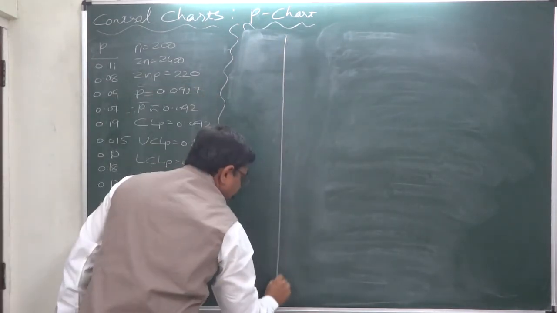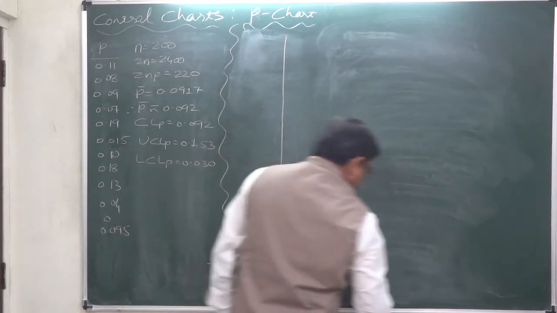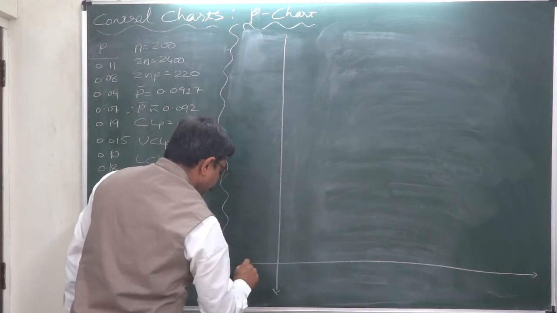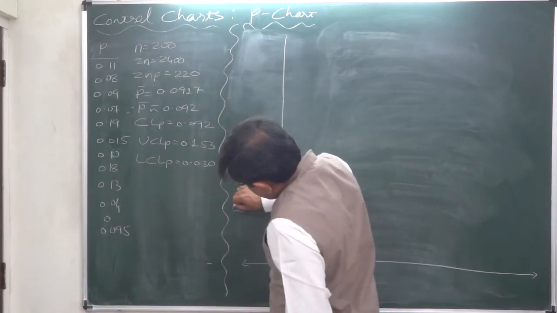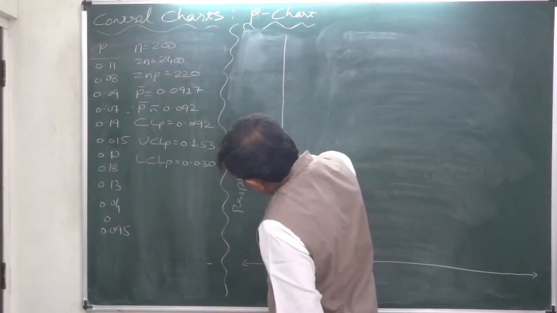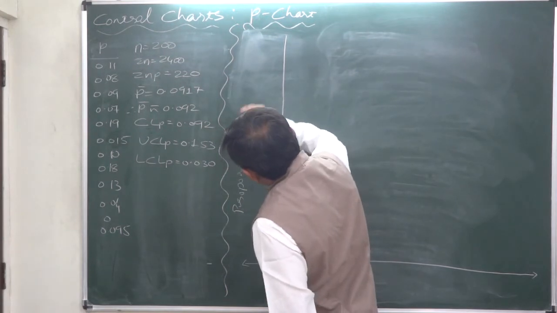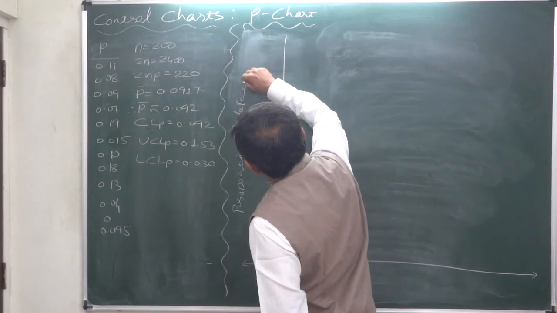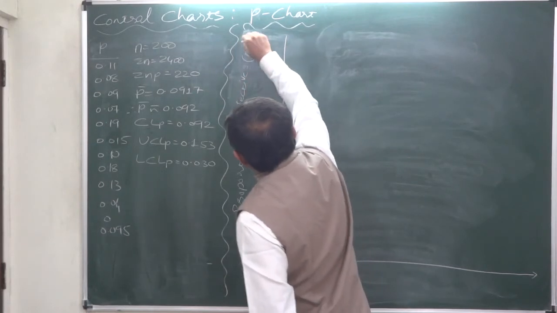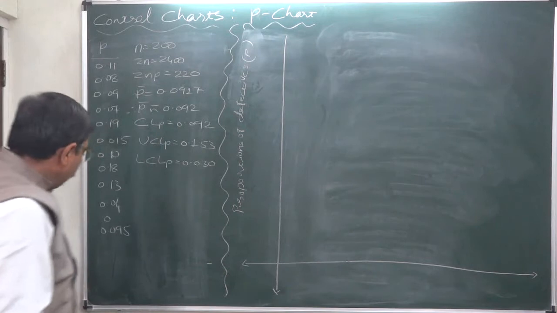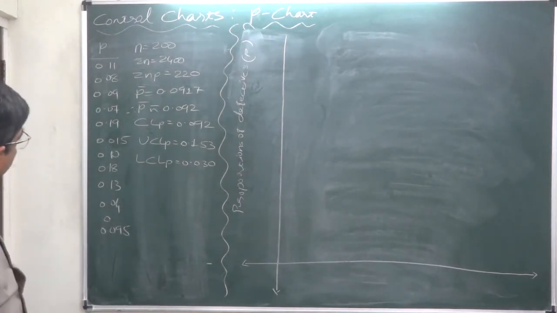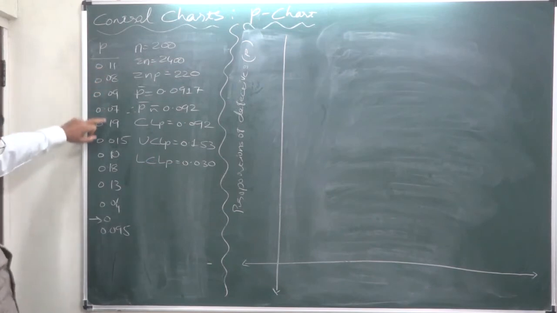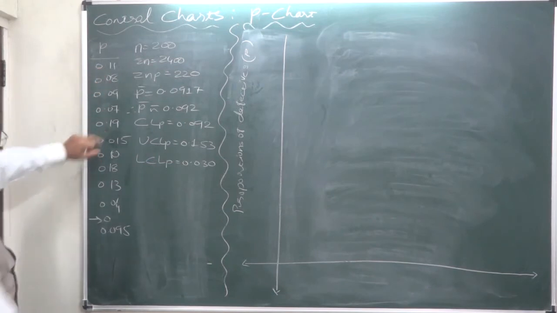Yes, as usual, x-axis and y-axis. X-axis stands for sample number and y-axis stands for proportion of defectives, in short, P. Okay, we have 12 values and the lowest value is 0 and the highest value is 0.19.